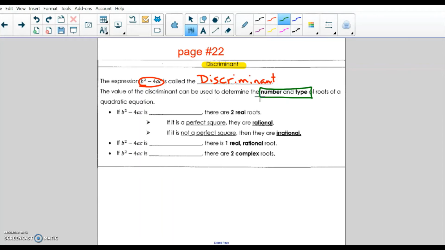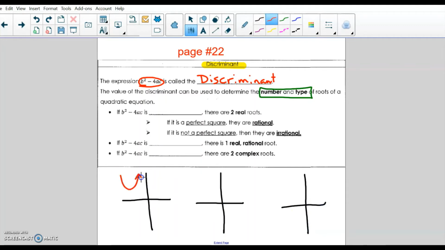So we've seen where the parabola can cross it 0 times, 1 time, or that it can cross it 2 times. Okay? So here we have complex.